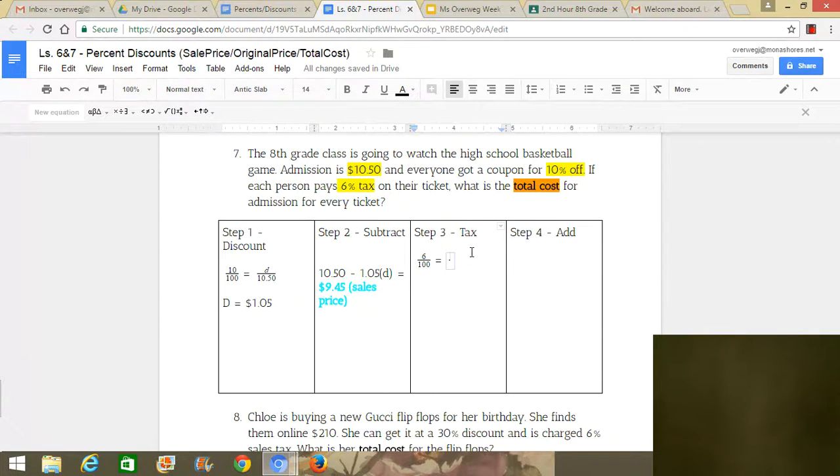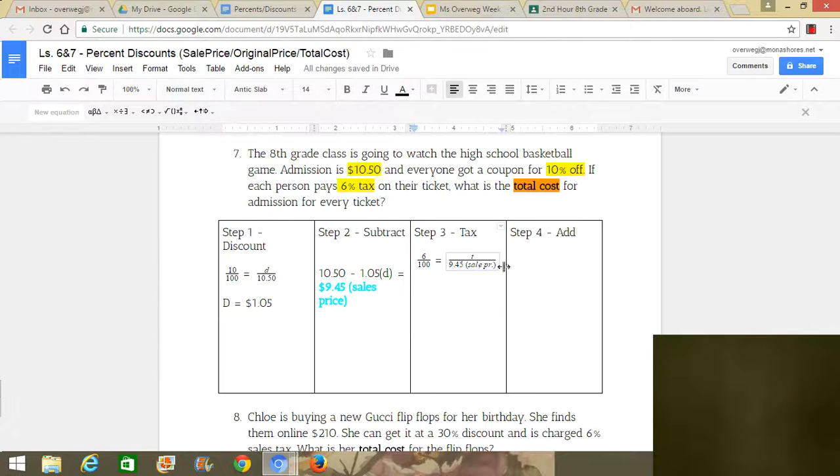So on the top is T for tax, and on the bottom is the sales price, $9.45. That's the sale price, okay? Because we don't want to pay full price for that. I'm just going to do a PR for price to keep it all in one line, okay?